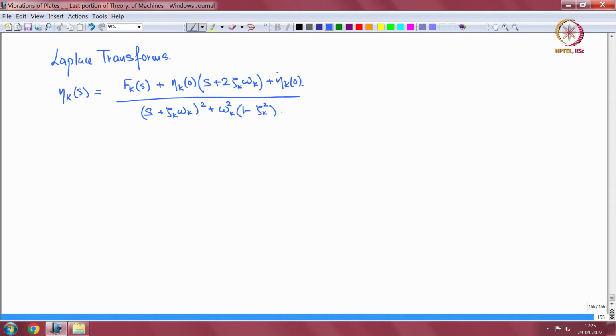We are going to look at underdamped systems, and so zeta k is much smaller than 1. This is quite easy to invert from tables.